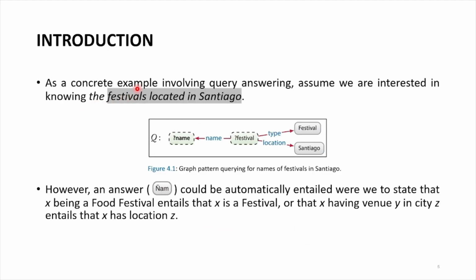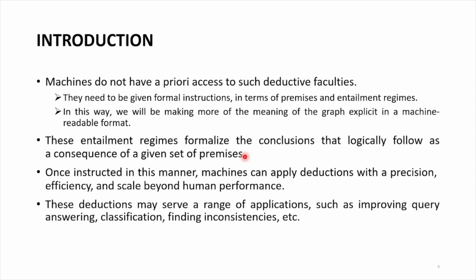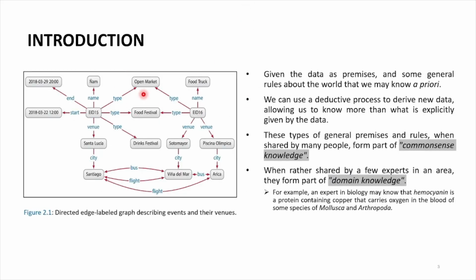As a concrete example involving query answering, assume we are interested in knowing the festival located in San Diego. We may straightforwardly express such a query as per the graph pattern shown in Figure 4.1. But this query returns no result for the graph in Figure 2.1. Let me turn back to this figure.